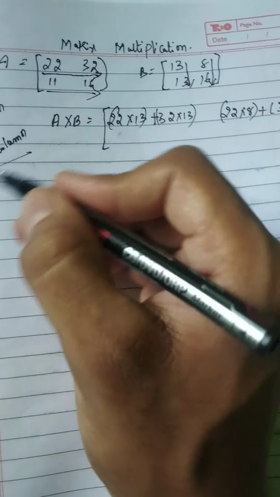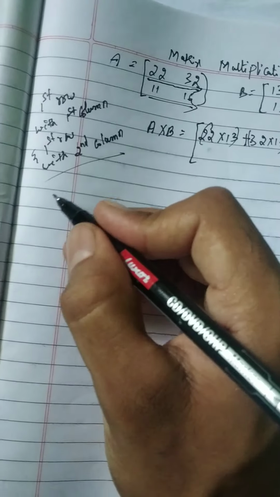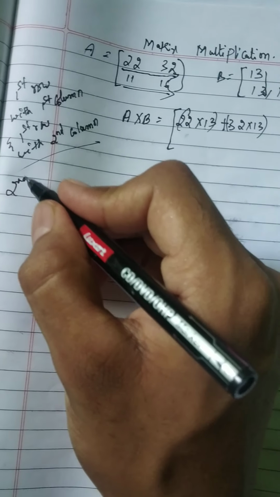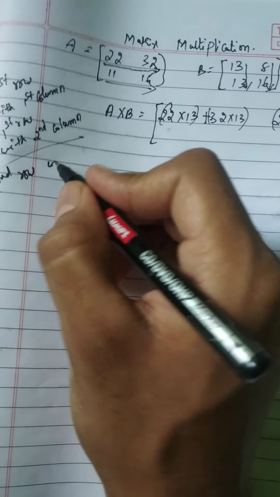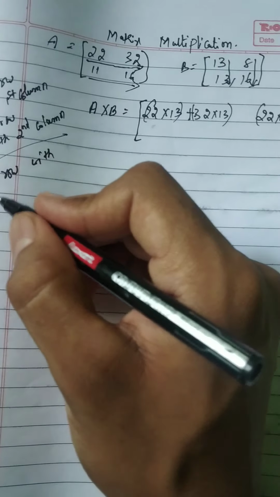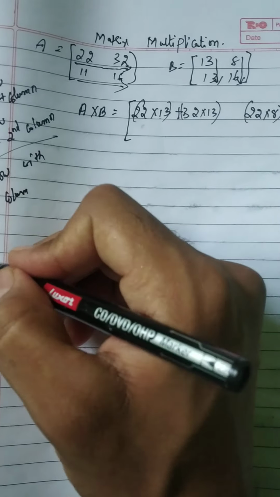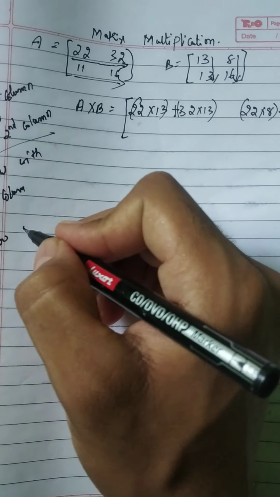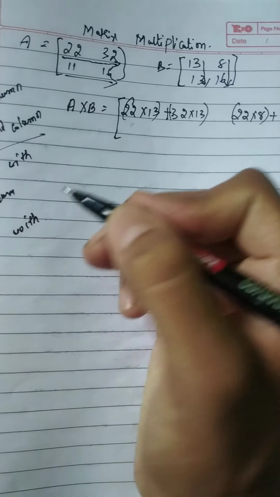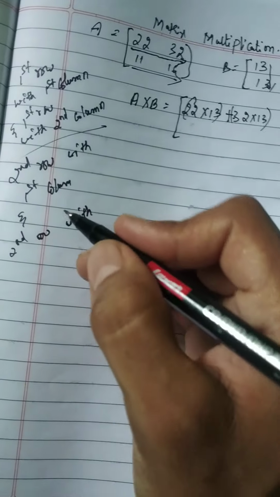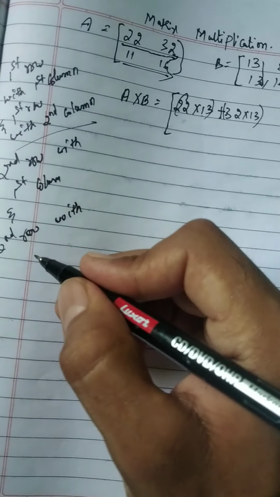Then this is done. Now what you're supposed to do is second row with first column, and second row with second column.